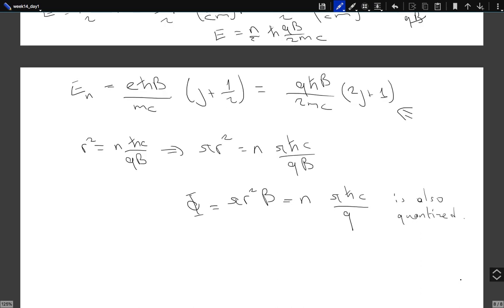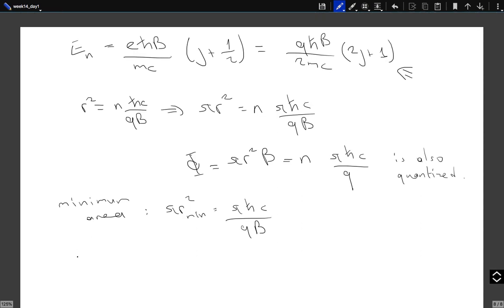Now, what is the minimum area of this orbit? Well, the minimum area of a single electron. This is π r min squared. This is πħc over qB. In an area of Lx Ly, how many of these orbits can fill?